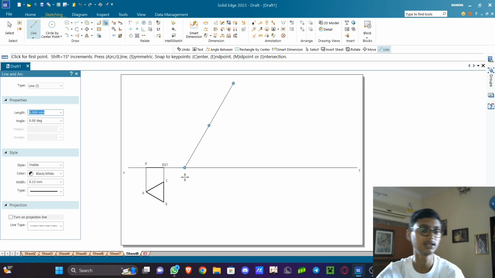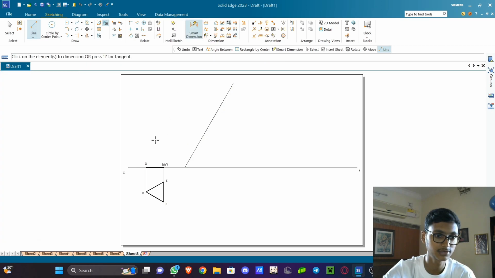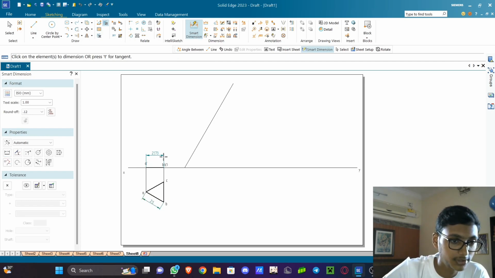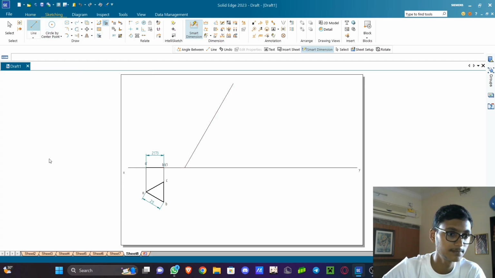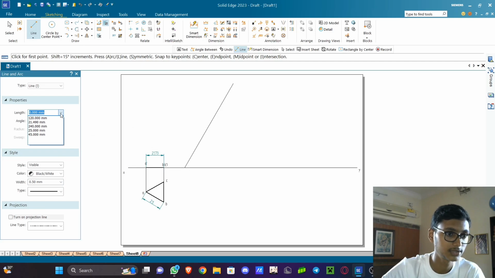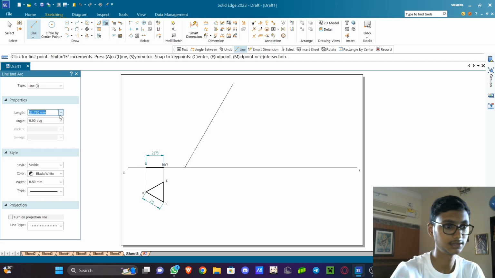Now let me place the true line over the 60 degree line. So let us take the true line dimension first. The true line dimension is 21.73. So we need to place the 21.73 line on this 60 degree line. I am selecting line. It should be a thick line. Length is 21.73, enter.